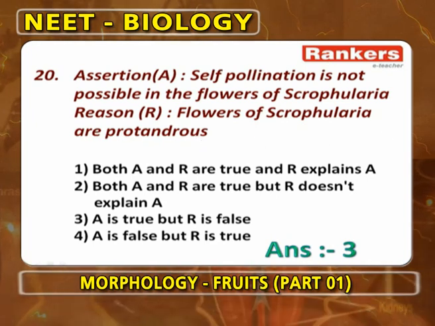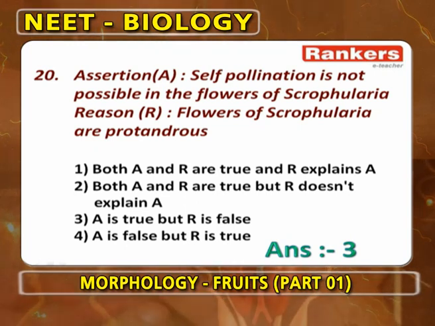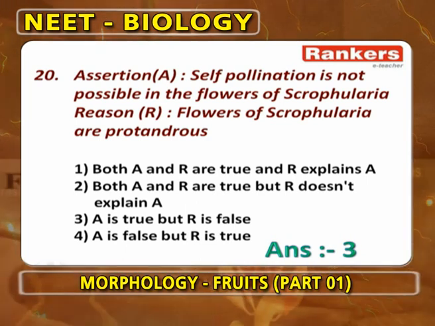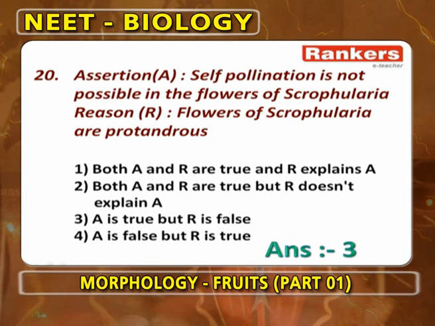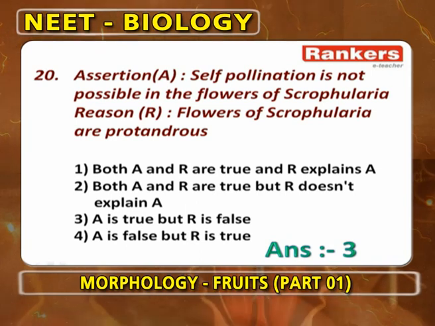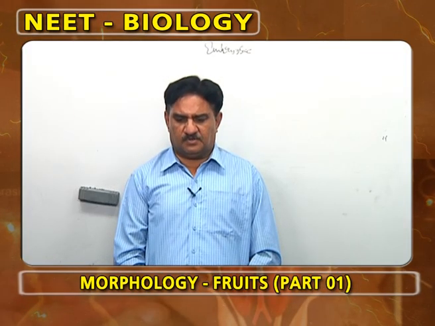So, protogyny means maturation of gynoecium much before androecium. Self-pollination is not possible in the flowers of Scrophularia is very much correct, because they are all protogynous. Flowers of Scrophularia are protandrous is wrong. Flowers of Scrophularia are not protandrous. Flowers of Scrophularia are protogynous.